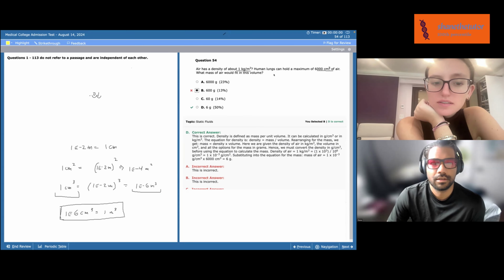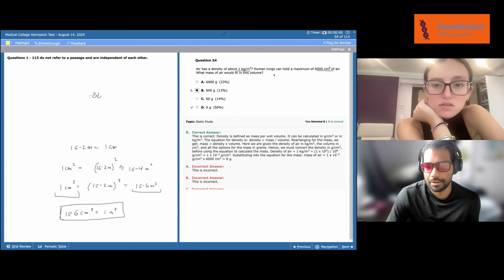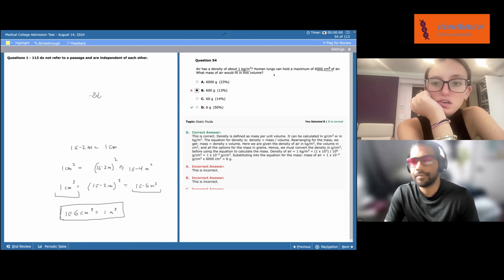Don't you have to multiply this 6,000 centimeters cubed number? Yes, 6,000, sorry.